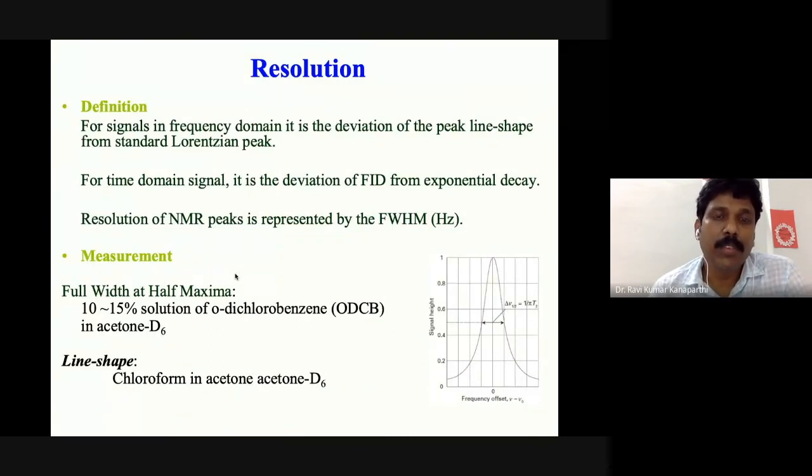For signals in the frequency domain, it is the deviation of the peak line shape from the standard Lorentzian. Suppose you are dealing with one particular frequency signal, an NMR signal, and the peak is distorted or shifted from the original position to some extent, how much it is shifted actually tells you the resolution.